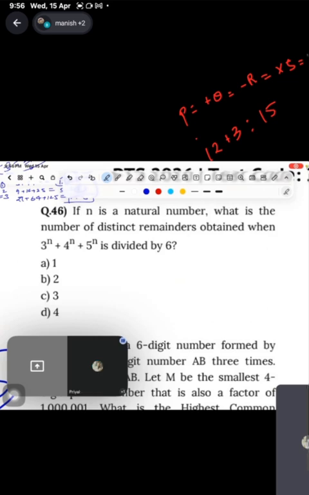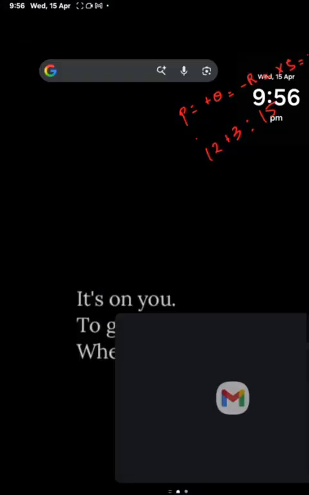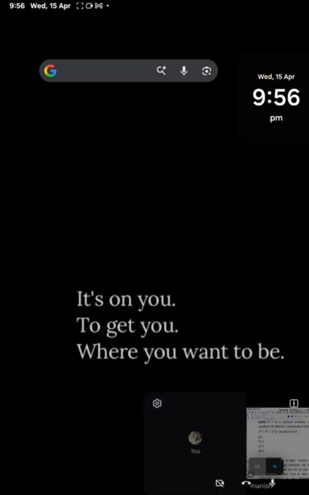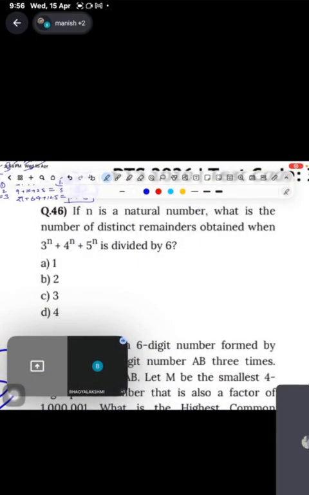See, a remainder is being asked, so we will divide by 6. We will take out the LCM. Here we have to get an even number, so only two odds and one even number should be there.